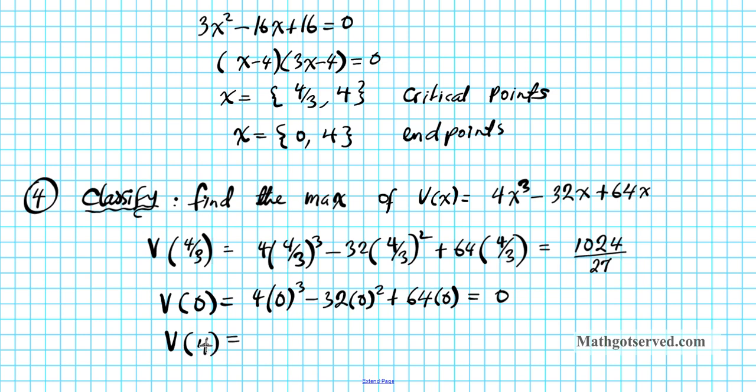So we're doing 2 in 1, okay? Just do it once. So 4 times 4 to the third minus 32 times 4 squared plus 64 times 4. And if you plug that into your calculator, you will get 0 also. Okay, so what does this tell us? We can clearly see that the maximum happens at x equals 4/3.